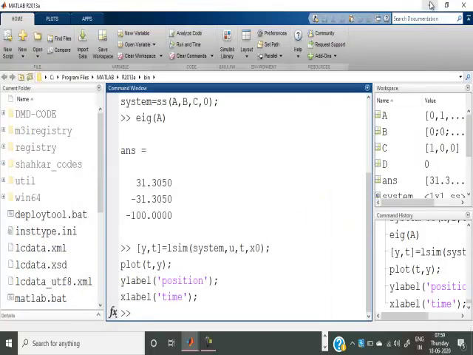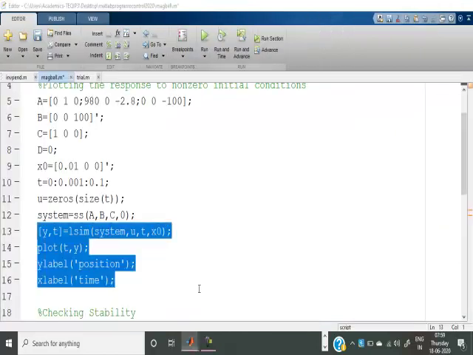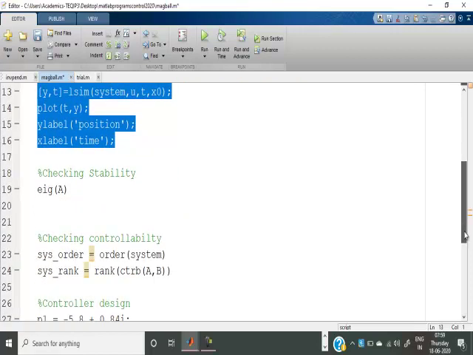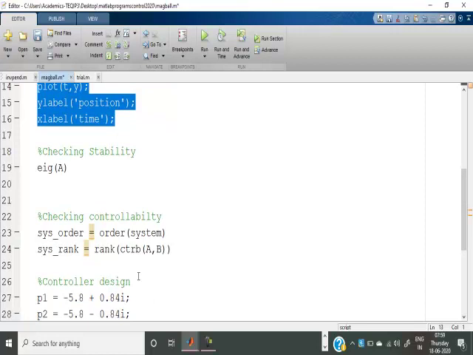So you have plotted the response of the ball with respect to time in response to some initial conditions. Please remember the important commands for this are ss and lsim. The next question, stability, we have already checked. The next question is to design a controller for this.